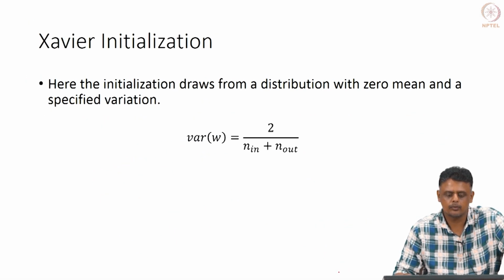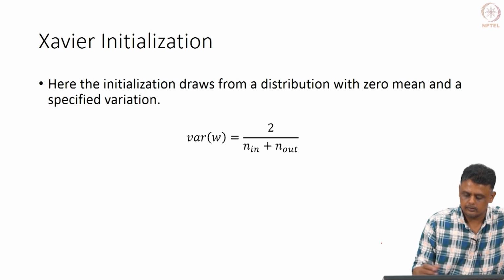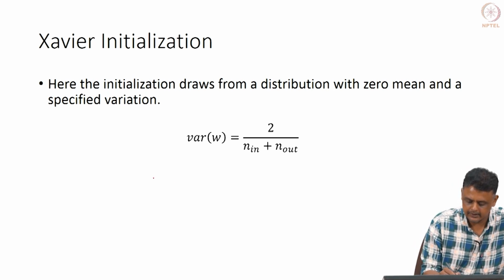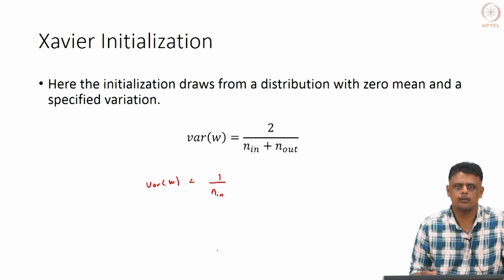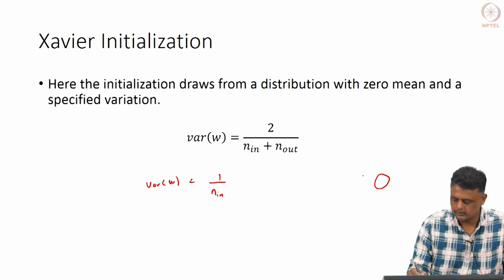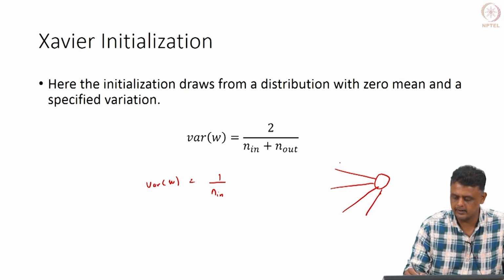So, that is what people do. Okay. So, the variance of w, from the previous argument, would be about 1 over n_in, which is basically the number of neurons that are feeding into a particular neuron from the previous layer. Okay. So, this is n_in.